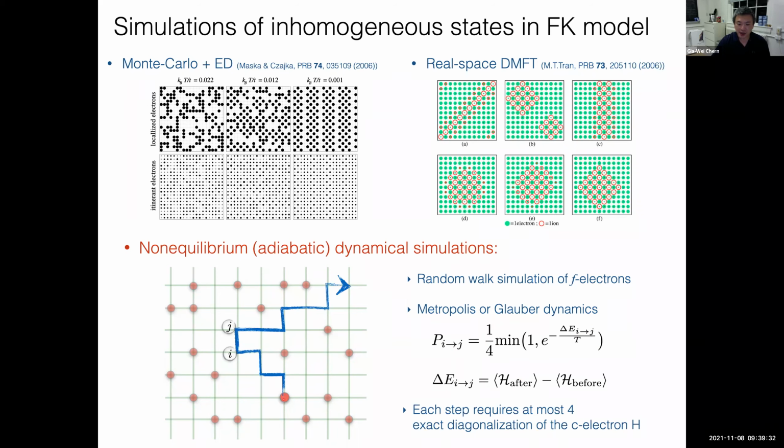And in order to decide which direction to move this F electron, you have to consider the possibility of moving upward or downward, to the left or to the right. So then you have to consider 4 possible after states. And that means in many cases, you need to do 4 exact diagonalizations for each update. And that takes a lot of time for just moving one F electron. So this is a super time consuming process, even with exact diagonalization only.